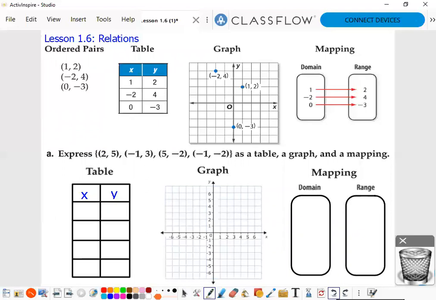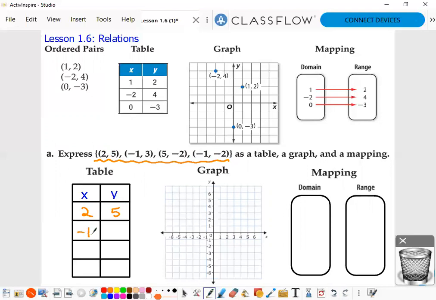So now on the bottom half of the screen, we're going to fill these in ourselves. So here is our set of ordered pairs. That's our relation. And we want to make it look like a table, a graph, and a mapping. So again, the table should be pretty easy. That first point, 2, 5, that's just going to look like a 2 and a 5 in the X and Y column respectively.